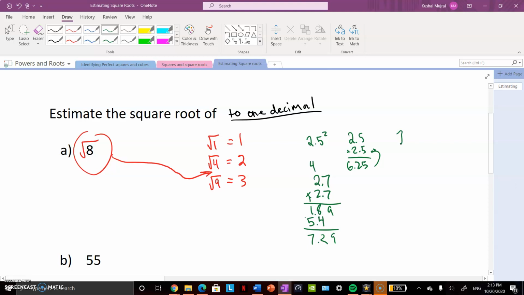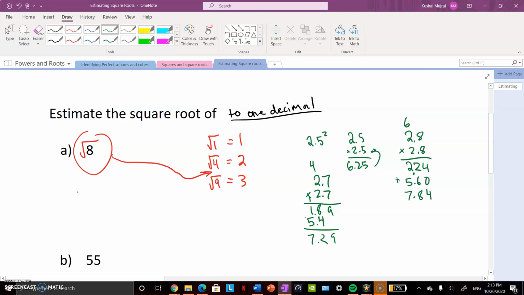Okay, let's try 2.8 squared. So 2.8 multiplied by 2.8 is 7.84. Now that's a lot closer to 8.